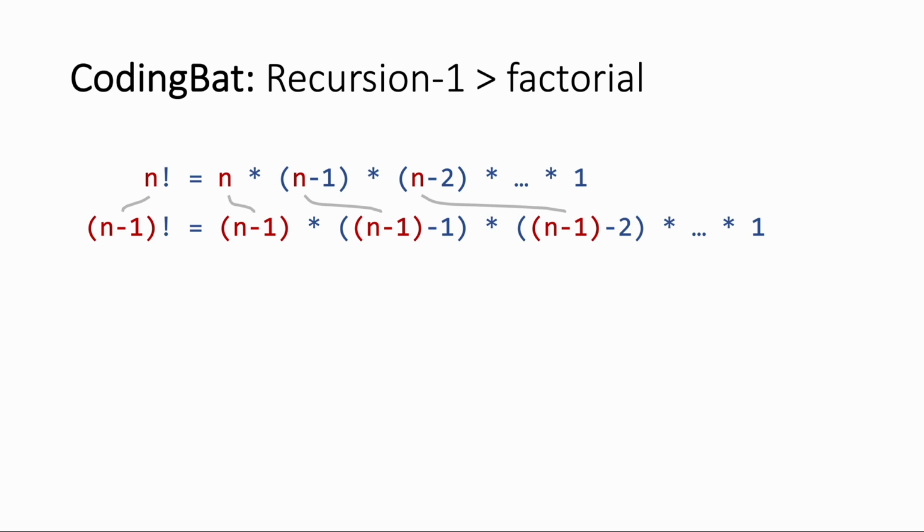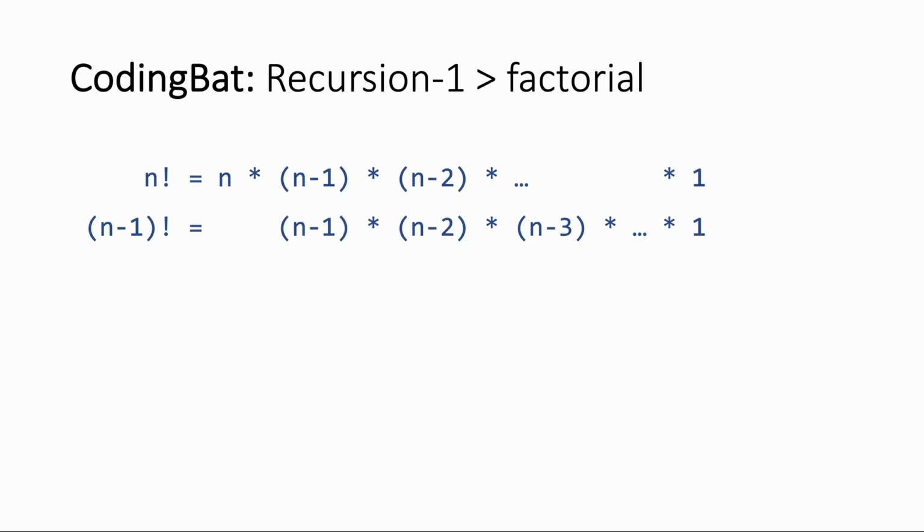Each n has been substituted with n minus 1, but then of course I can simplify. N minus 1 minus 1, that would be n minus 2, or n minus 1 minus 2, that would be n minus 3, etc. So we can do that. Now I do one more thing. I'm going to add a couple spaces just to line up nicer, and you can see there is a lot of similarity between those two rows.